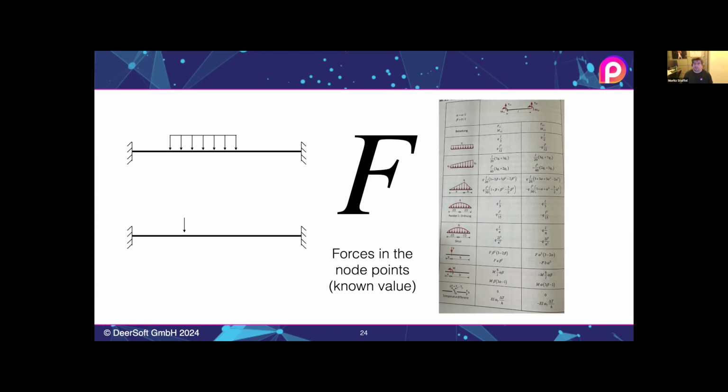Part of what Production Assist does is, for every load that you're applying somewhere on the structure, it looks up a table and calculates what this load, when in the middle of the truss, impacts on the start and ending point of the truss. There are specific rule sets on how to do this.